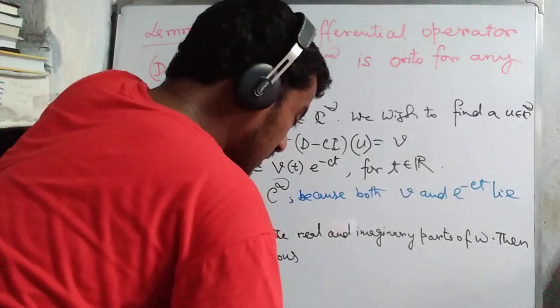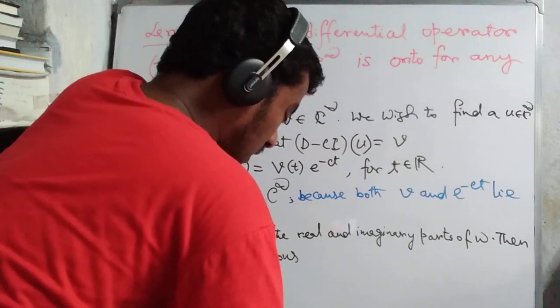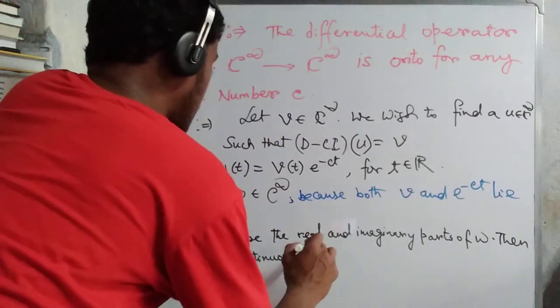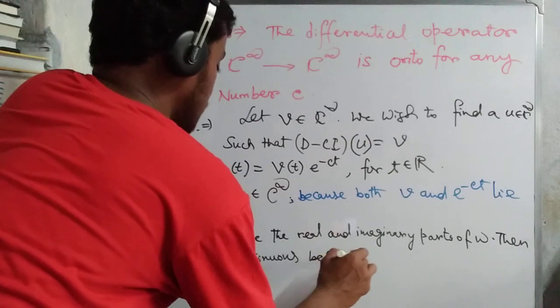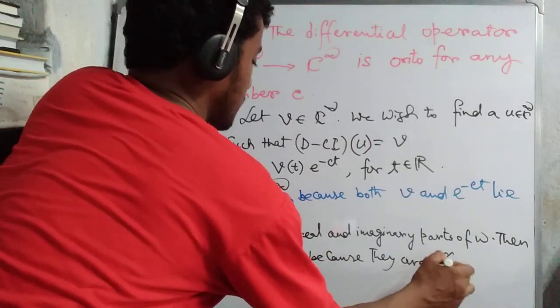Then w1 and w2 are continuous, because they are differentiable.